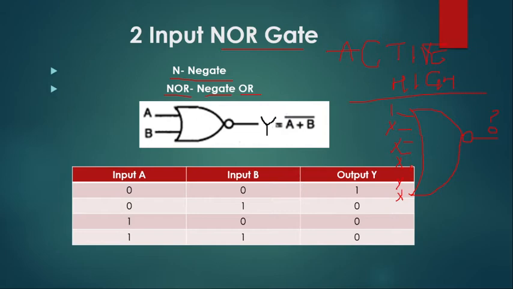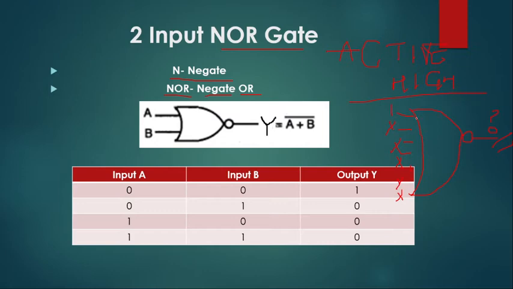Why? Because you might get a question where a long chain of gates is given, and for a NOR gate the inputs are A, B, C, D, out of which only A is given as 1 and B, C, D are not given to you, and you have to find the output. You can straight away write the output as 0. So the NOR gate is also known as active high.